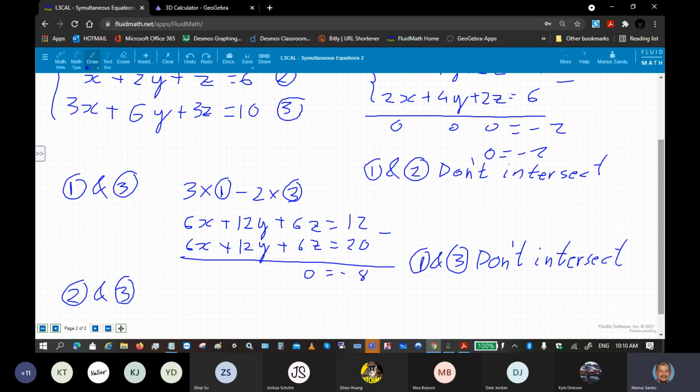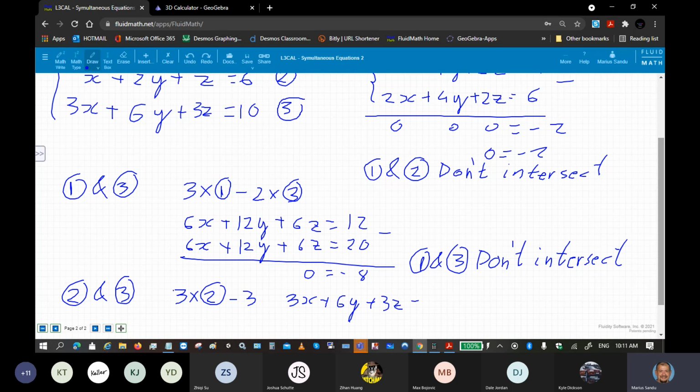Yes, and I'll have 3 times equation 2 minus equation 3, and that will give me 3 times equation 2, 3x plus 6y plus 3z equals 6 times 3, 18.